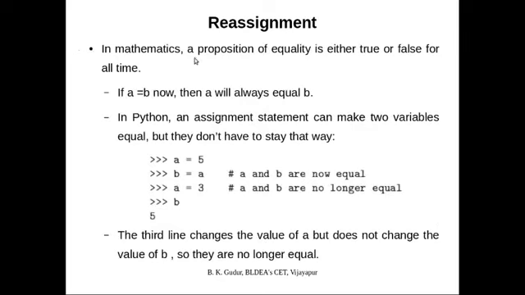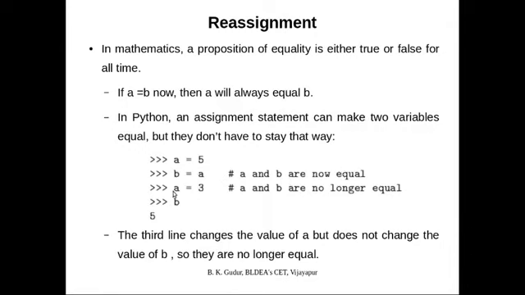Now, in mathematics, a proposition of equality is either true or false all the time. If a is equal to b, then a will always equal b. In Python, an assignment statement can make two variables equal, but they don't have to stay that way. Here, a is equal to 5, b is equal to a, and a and b are now equal.